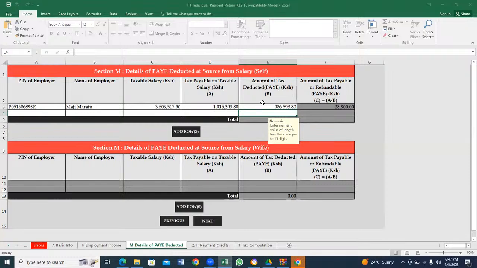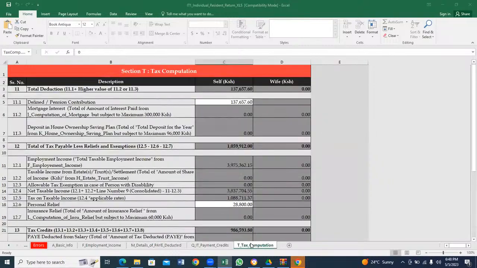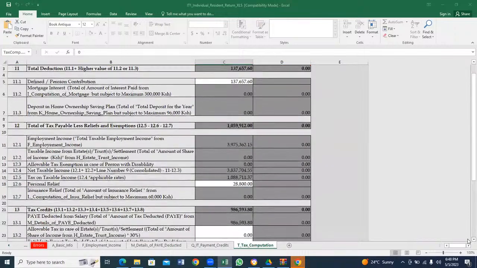Meaning my pay has also now gone down to 986,593. Kumaanisha ile pay yenye employer alinikata ni 986,593, na si ile ya juu yenye nilikuwa nimedeclare. So this is the amount I expect to find hapa kwa sheet T hapa chini.